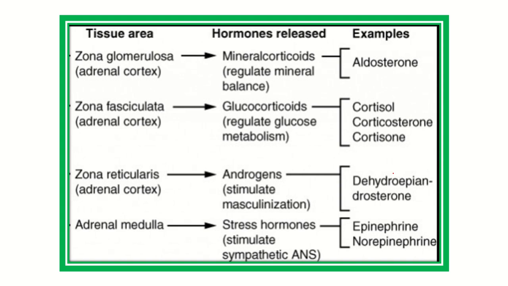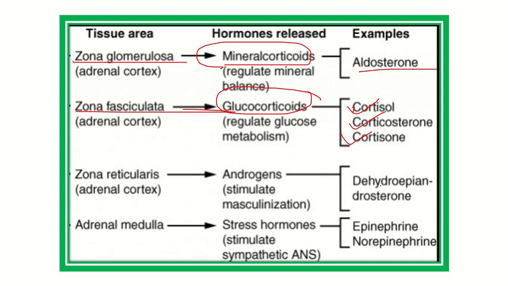Here again, let's see the zona glomerulosa. From here aldosterone secretion occurs, and aldosterone is a mineralocorticoid. Then the zona fasciculata causes release of glucocorticoids: cortisol, corticosterone, and cortisone.